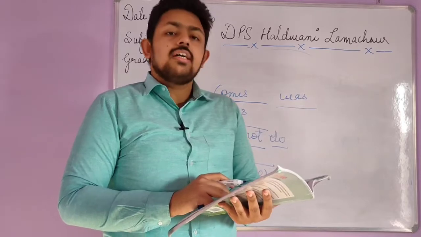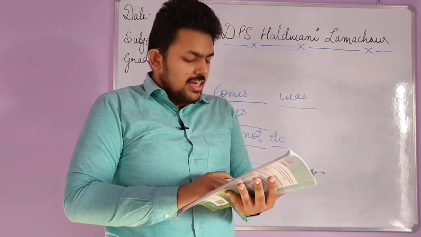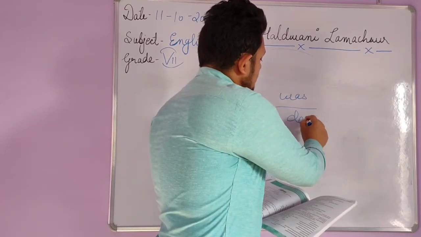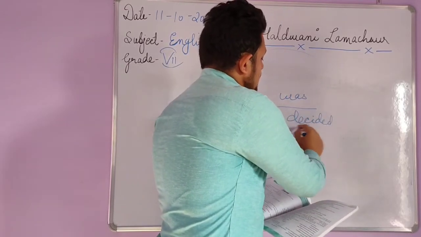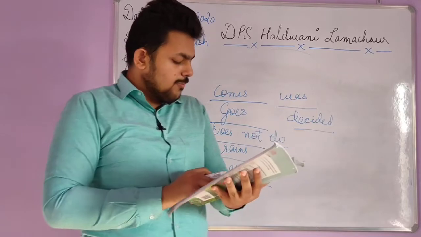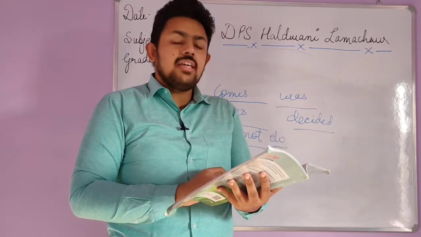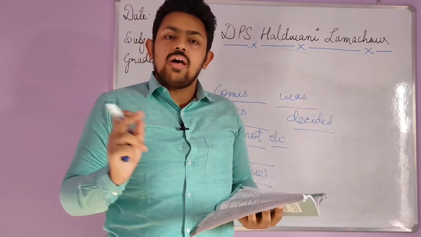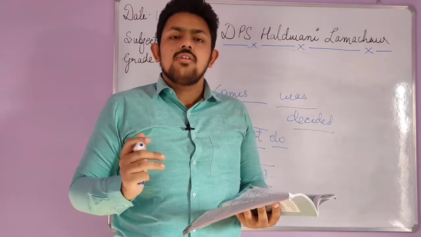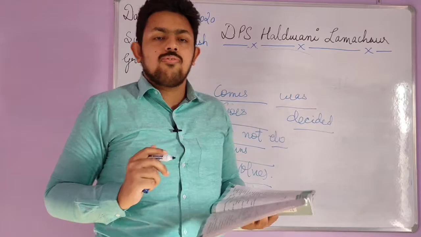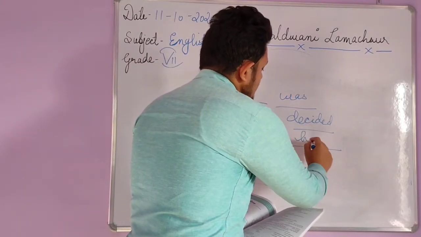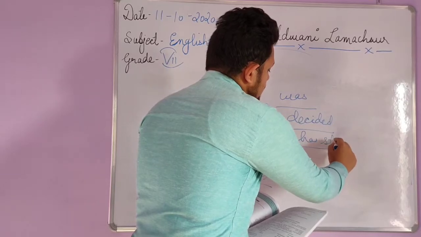So Mukesh, in bracket decide, dash to finish the work. Decided, simple past. So Mukesh decided to finish the work that he, in bracket start, dash a few days ago. Whenever a few days ago is there, you will use the perfect form of the verb. So has started.